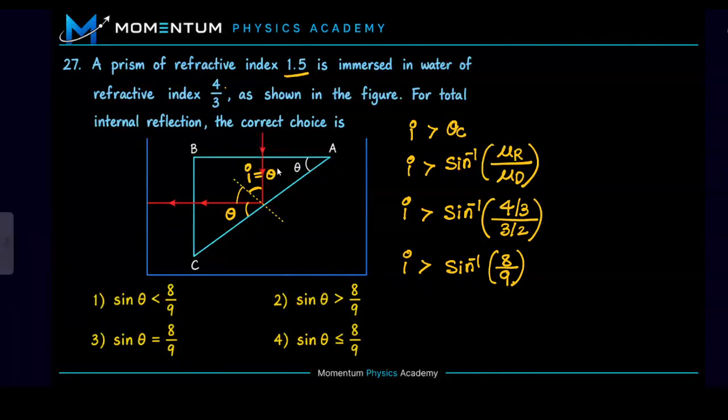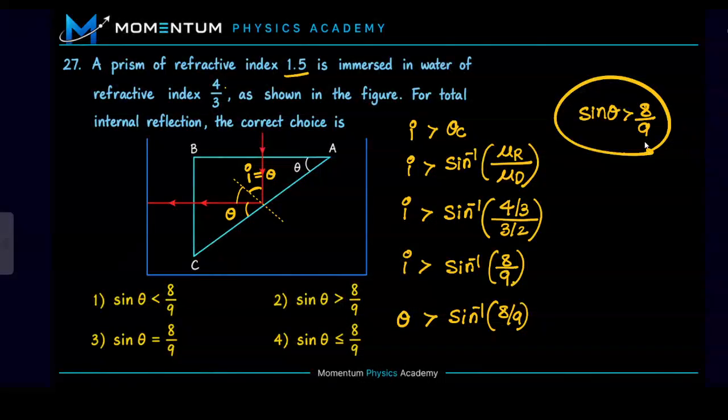Yes or no? Yes, so this i and theta are equal. That means theta must also be greater than sine inverse of 8 by 9. So from this we can write sine theta must be greater than 8 by 9. Okay, second option.